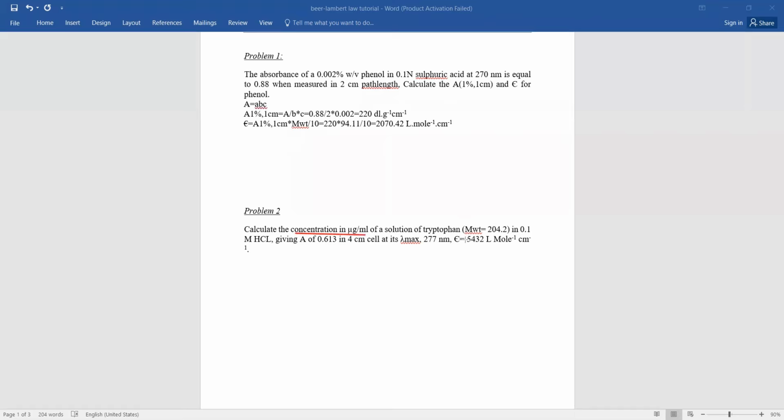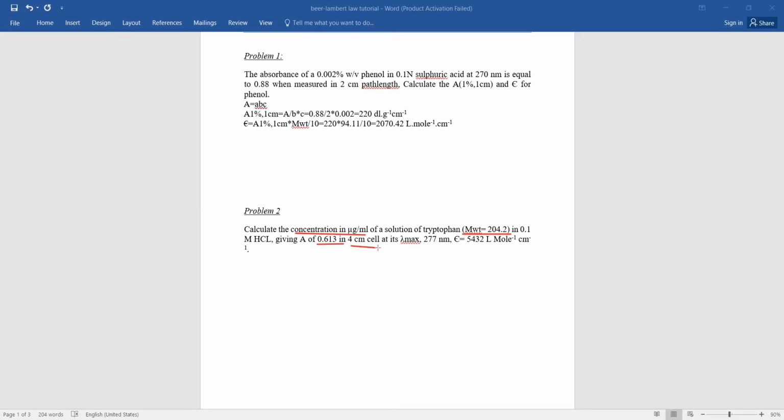Okay, and given that the molecular weight for tryptophan is 204.2 in 0.1 molar HCl, given that the absorbance equals 0.613 in a cuvette, okay, of path length 4 centimeter.